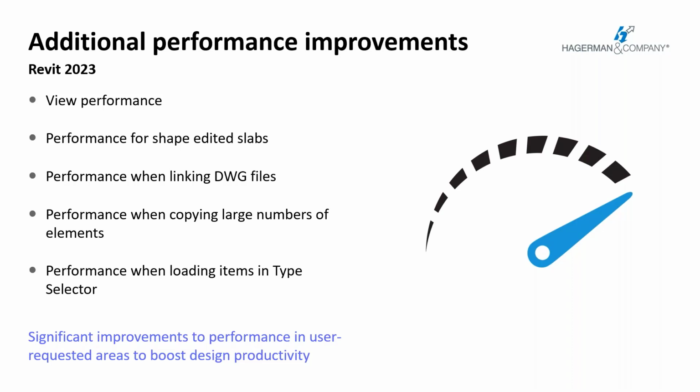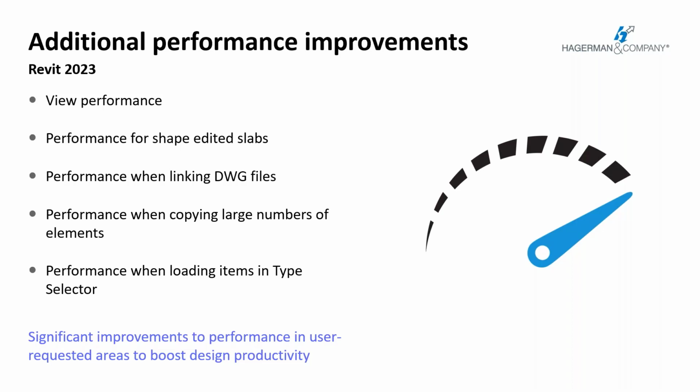So some of the things that would happen, just dragging text notes or dragging tags or changing a dimension, you might get that little spinning wheel. They think that that was due to view filters, and they've been able to significantly alleviate that issue.